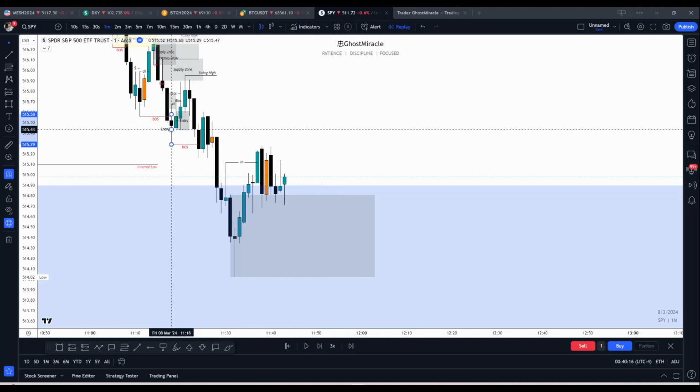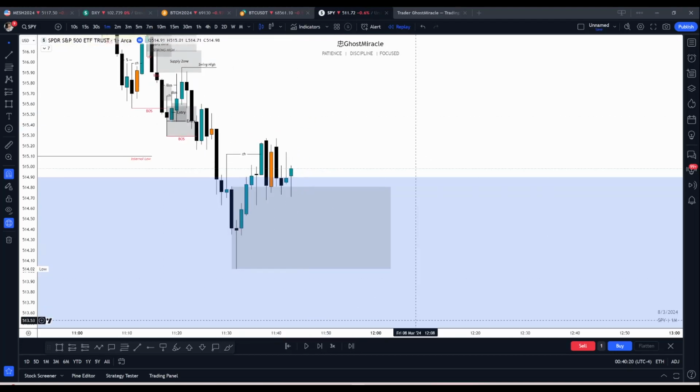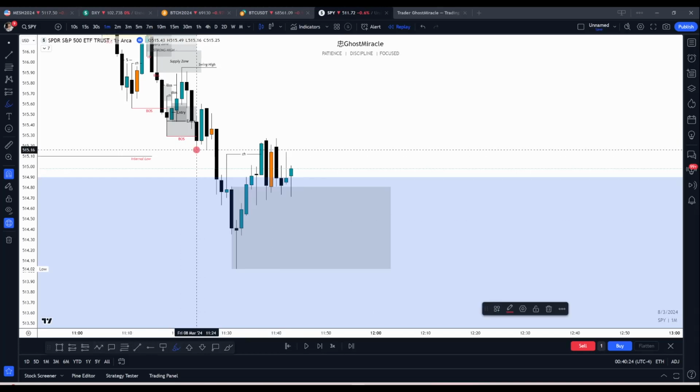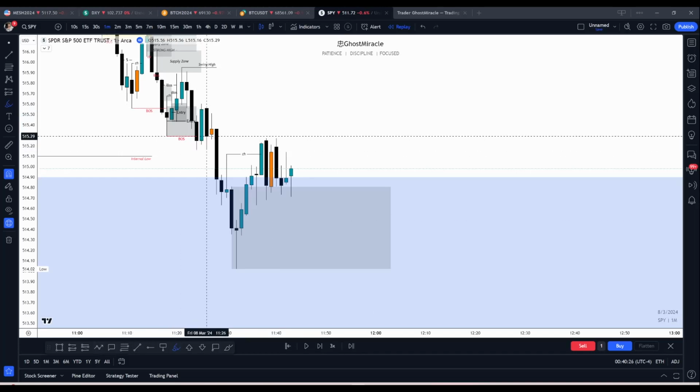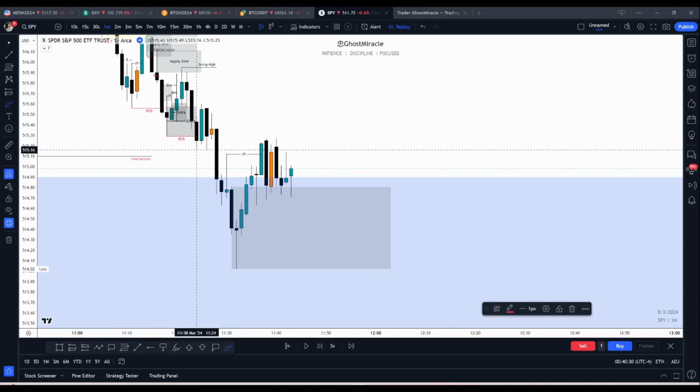So the breaker didn't really work for this one. However, you did get this little pullback here. This high, low. Yes, ugly.